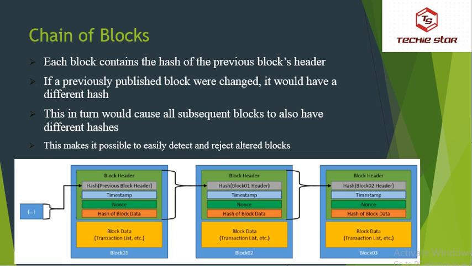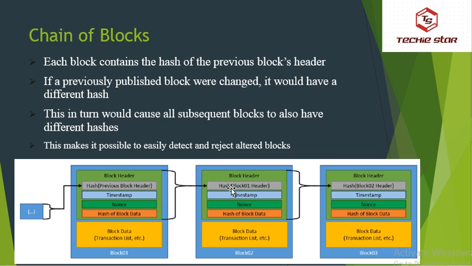So here is the basic architecture, how the chain looks. Here you can see this is one block, block 2, block 3. Here is the hash of the previous block. This block's hash address is here. Timestamp, nonce, and hash of block data and the transactions.